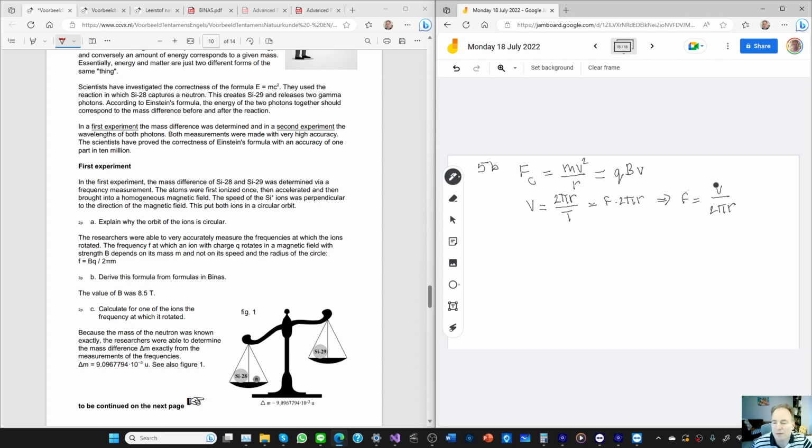Well, what do we know of the speed? This equation has to be satisfied, so let's call this 1. Then we can isolate the speed here. So we divide both sides by v and multiply both sides by r over m.